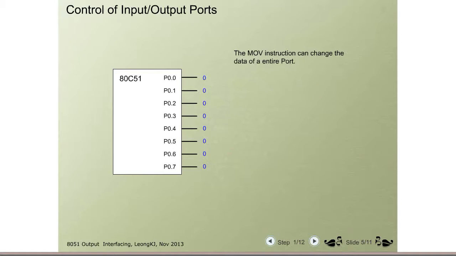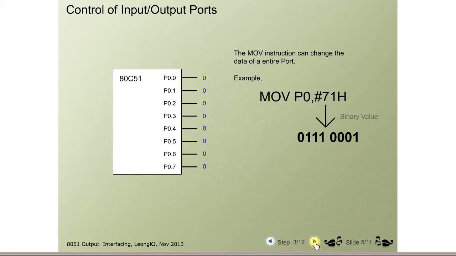The move instruction can change the data of the entire port. Example: move immediate 71 hex to port 0. This is the binary value of 71 hex. This signal 1 will go to port 0.0.